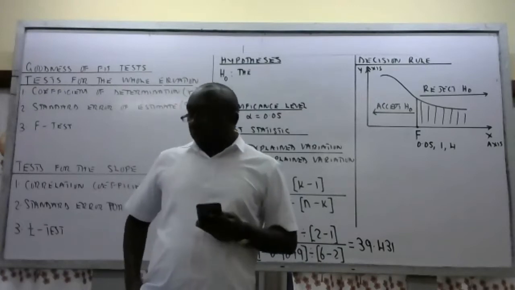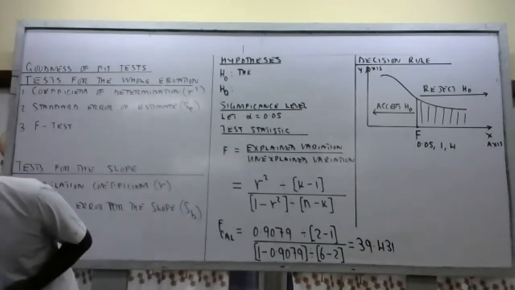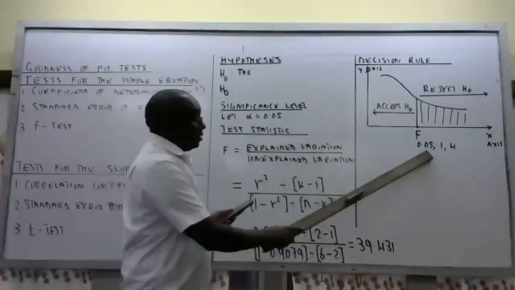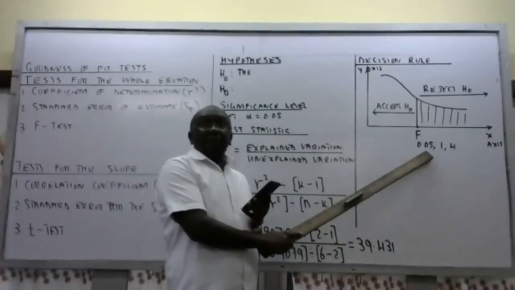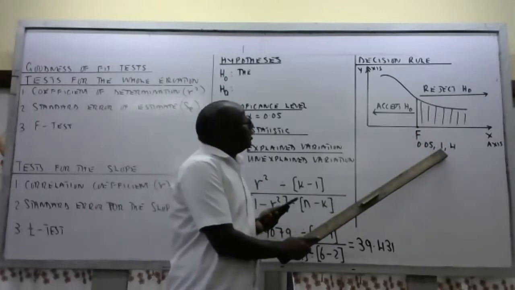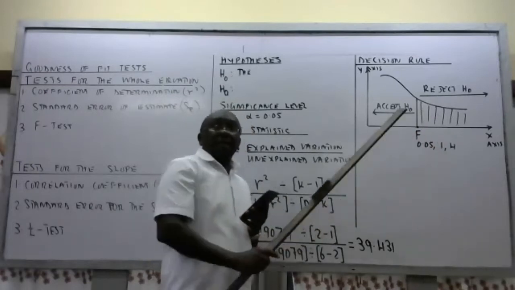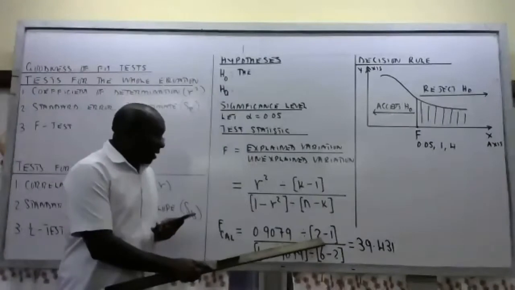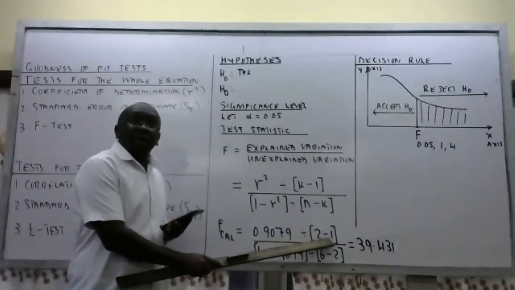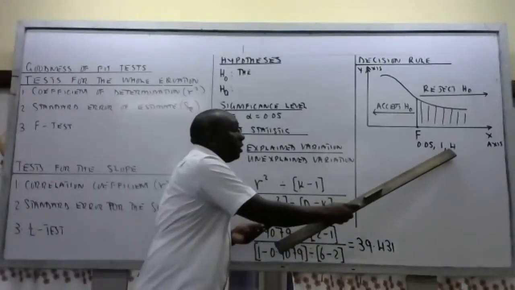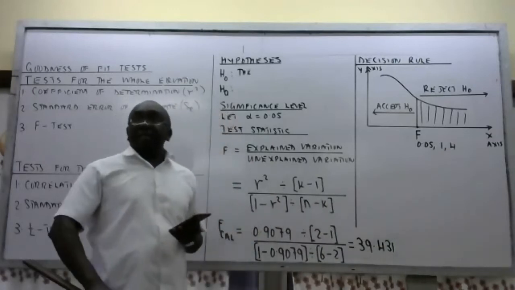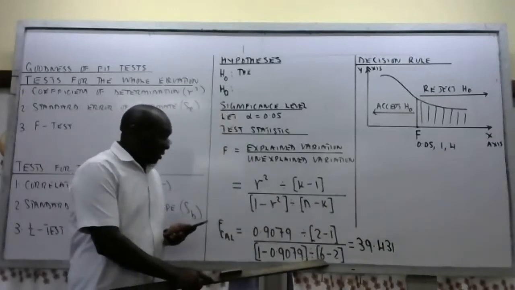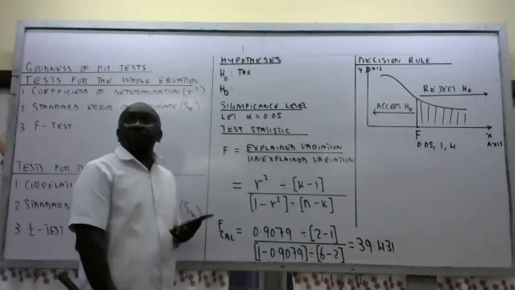Now, first of all, that 5% your alpha is 0.05. Then this one is called the numerator degrees, 2 minus 1. And this one is called the denominator degrees, 6 minus 2.